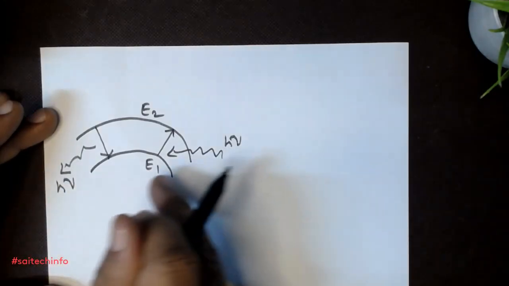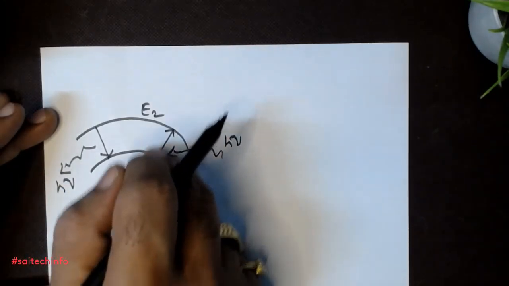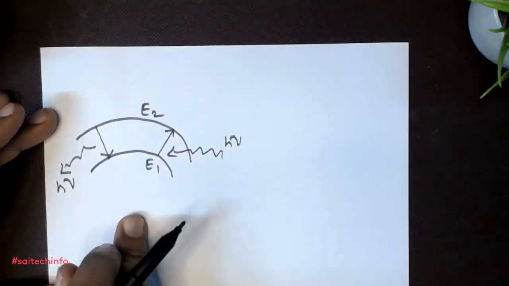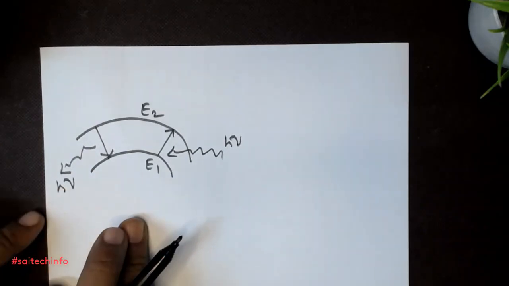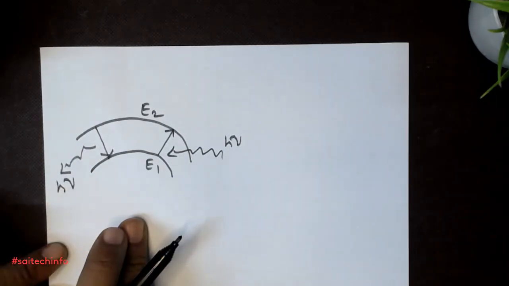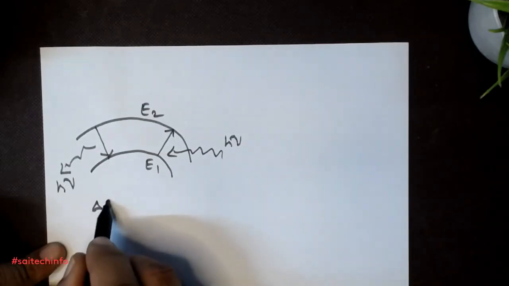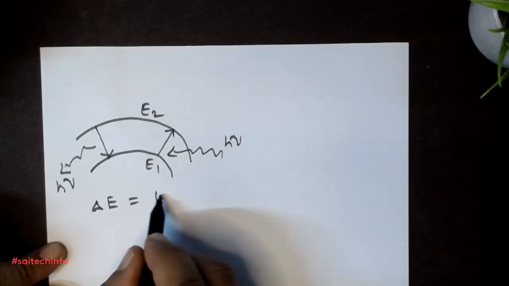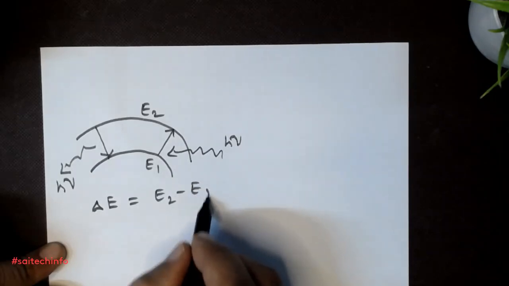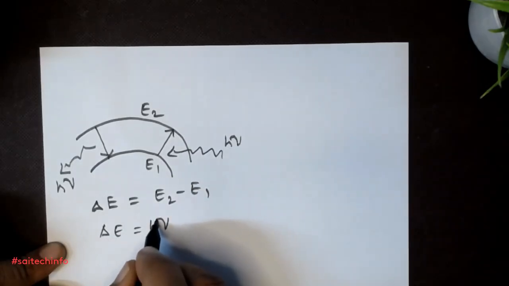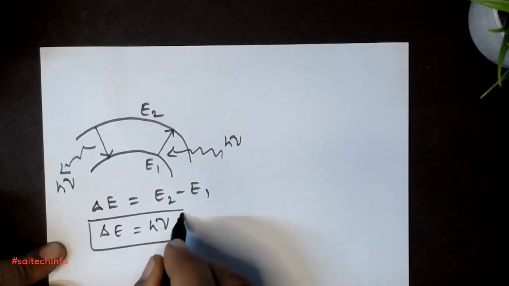So when it absorbs the energy, the electron will jump to the higher place. When it comes back to the ground state, then it gives out the energy. So this change in energy, that is called delta E, is given by E2 minus E1. So this delta E is given by h nu. Okay, note down this point.